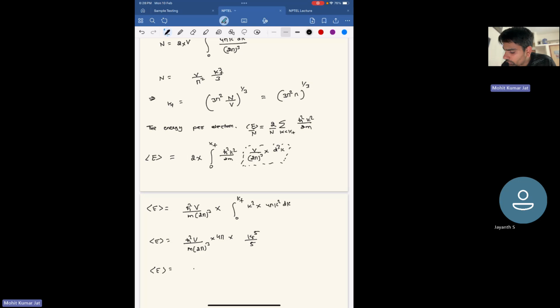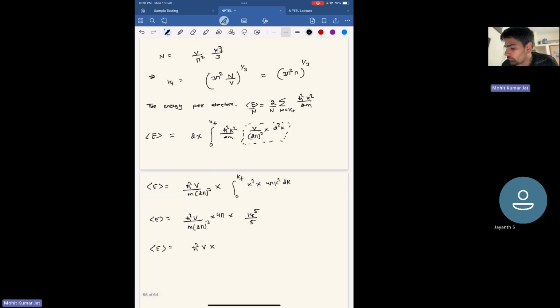This is ħ²V times 4π, let's just do the calculation here. So it will be m times 2π² times kF⁵ upon 5.